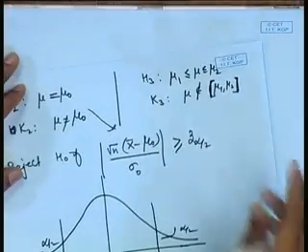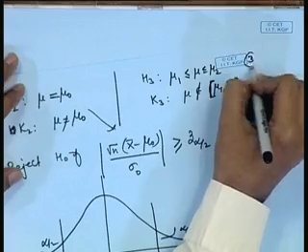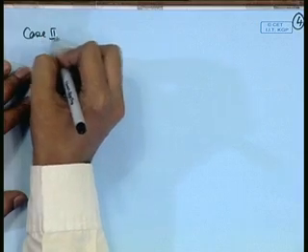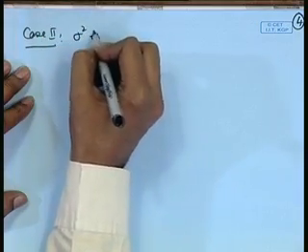Now, difficulty will arise when sigma is unknown, because in that case I will not be able to make use of this sigma naught value here. So, in that case what do we do? Sigma square is unknown.